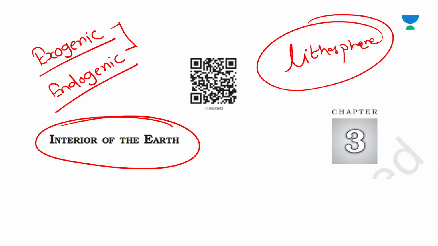A proper understanding of the physiographic character of a region remains incomplete if the effect of endogenic processes are ignored. Now, human life is largely influenced by the physiography of the region.